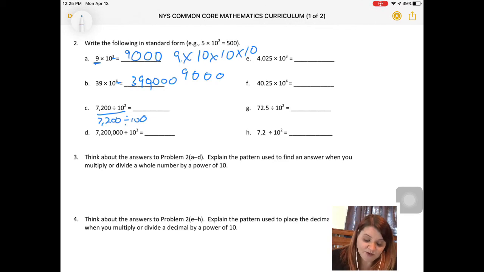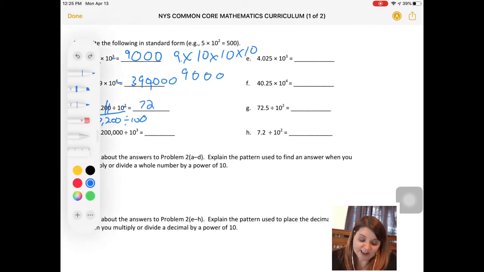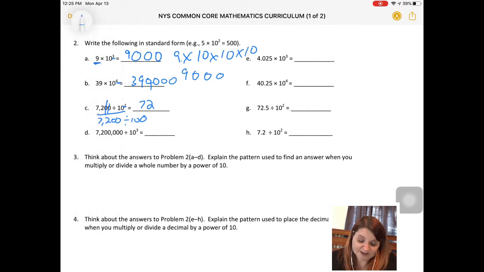So what you're going to do here is you can literally go through and divide it by 100, but an easier trick for this is seeing that we're going to have to the power of 2, so we're going to knock off 2 zeros from here since there's 2 zeros there. So that's just going to leave 72. And a good way to check that is say, well, if I multiply 72 times 100, am I going to get 7,200? And yes, you would, because you would add your 2 zeros back on.